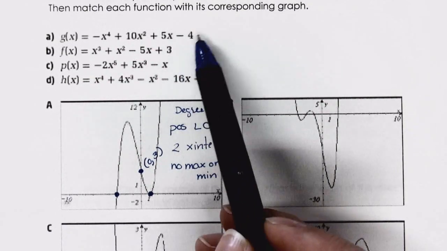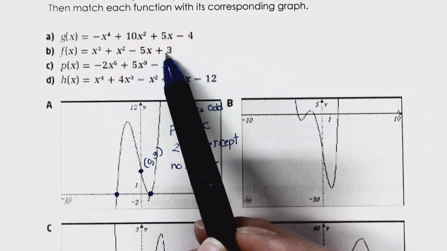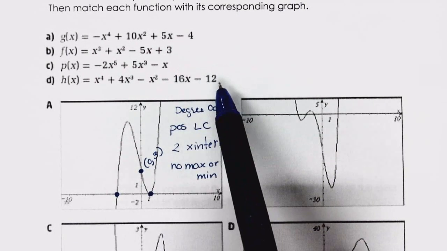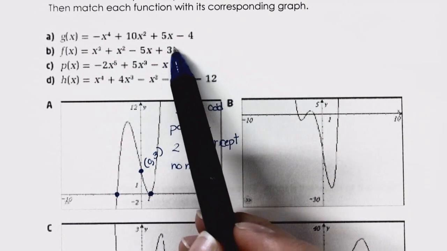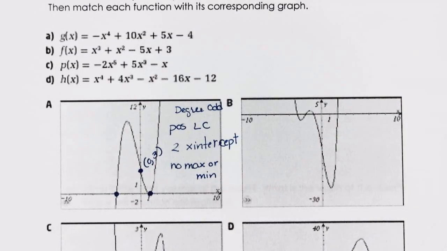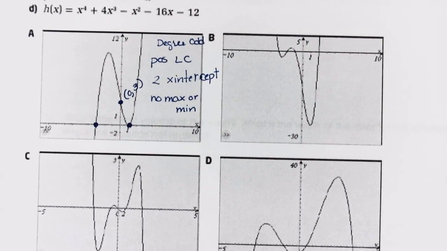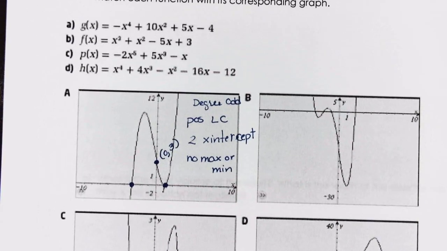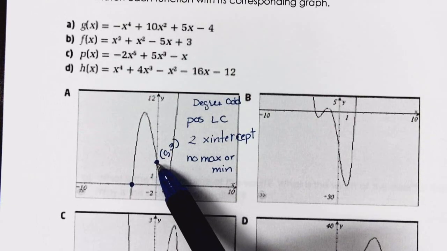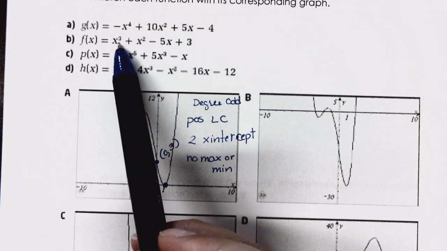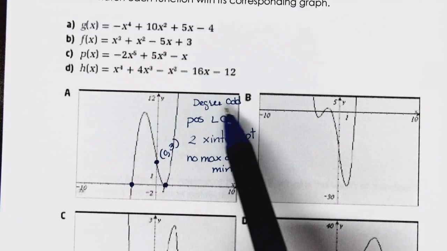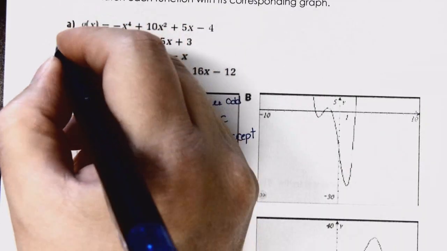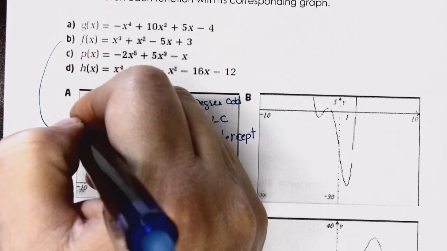This one has a y-intercept of -4, +3, 0, and -12. So this is probably it. If this crosses at +3, and has a degree of 3, and we said this is an odd function, B matches with graph A.